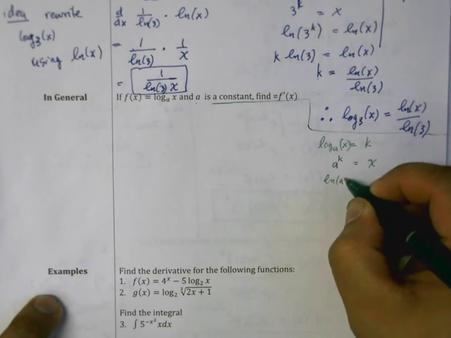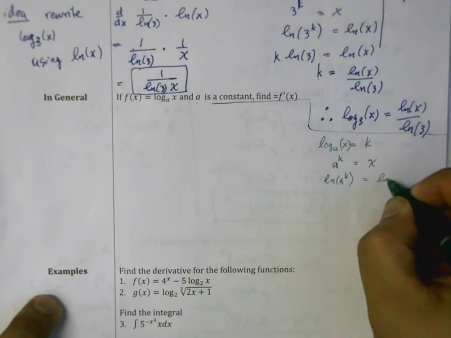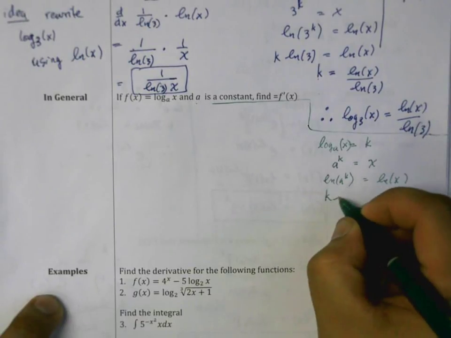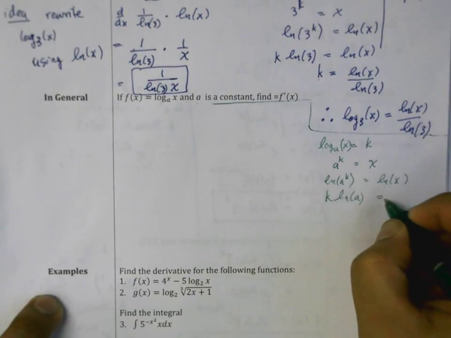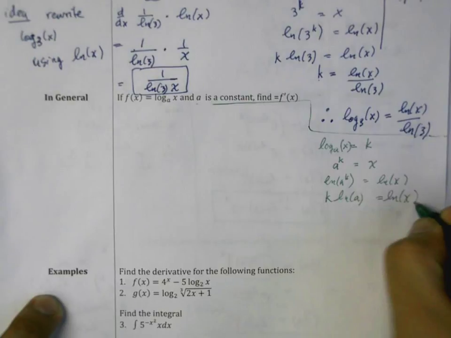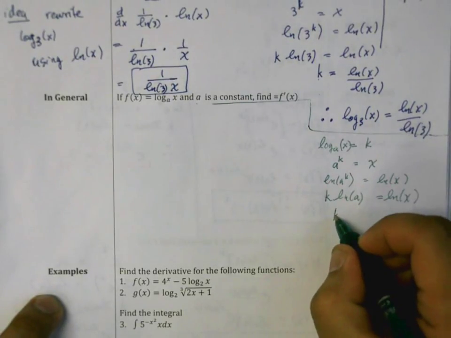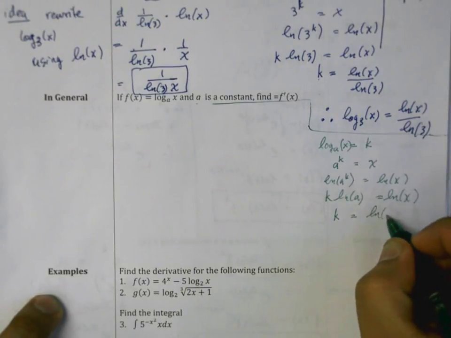Take the natural log of both sides. K comes out in the front. And then divide both sides by natural log of a.